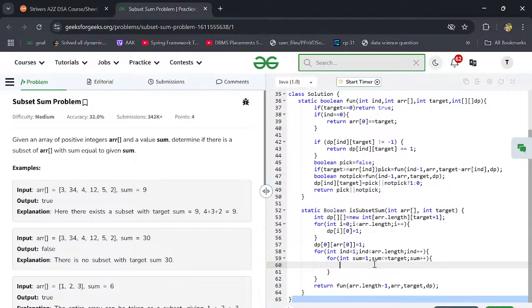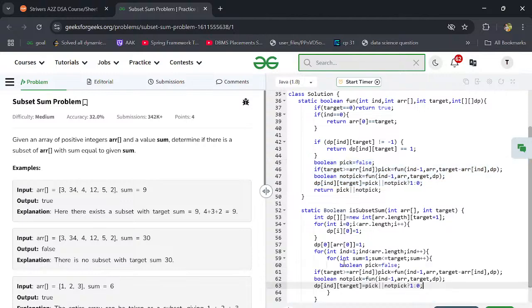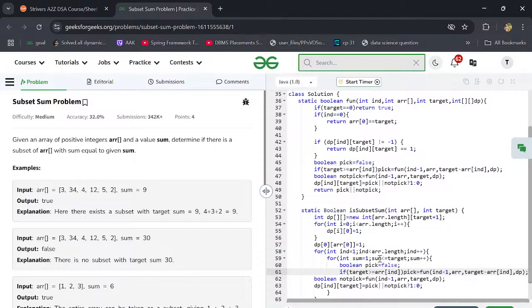Let me try this. Copy these things. Control C, Control V. DP of ind.